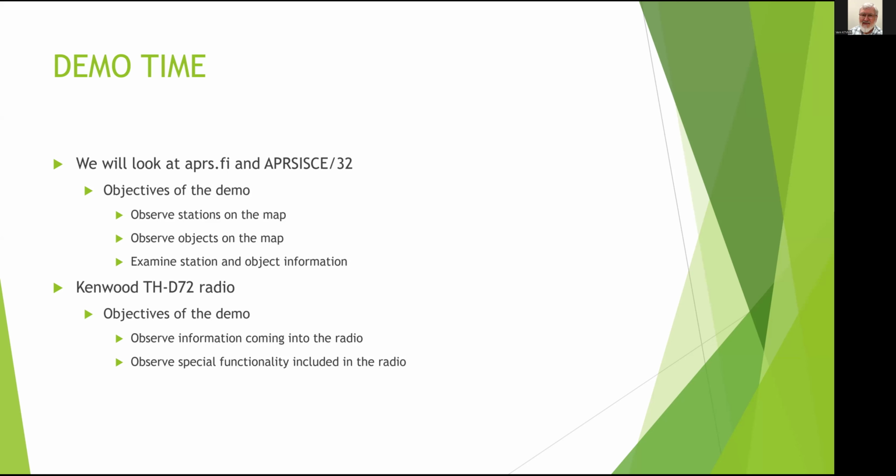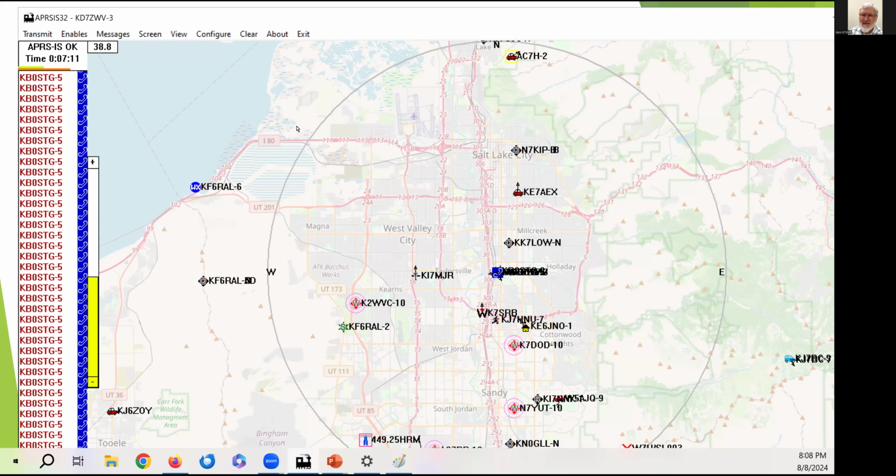This is APRS ISCE, and this is what I was running at the park on Monday. Now I have this hooked up to APRS IS, not to a radio. So it's seeing a lot of things that you would not normally see if you were just on the radio.